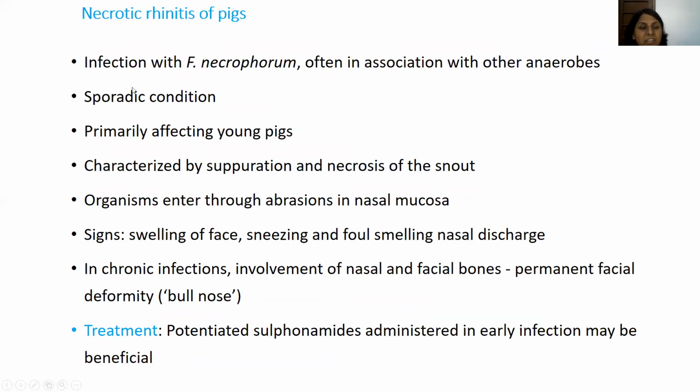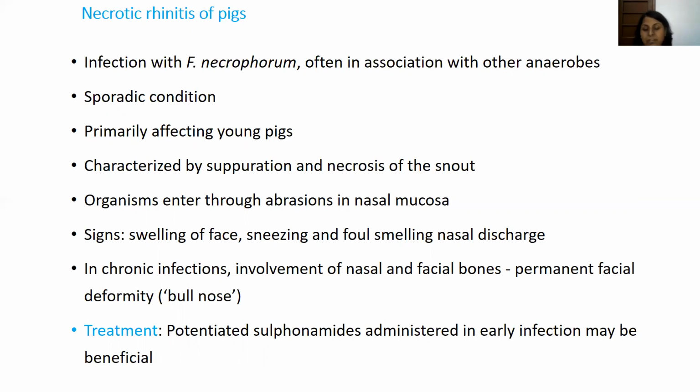Necrotic rhinitis is an infection with Fusobacterium necrophorum, which is also present along with some other anaerobes. It is a sporadic condition affecting young pigs and is characterized by suppuration and necrosis of the snout. Generally through abrasion, bacteria enter the nasal mucosa and cause swelling of the face region and nasal discharge.